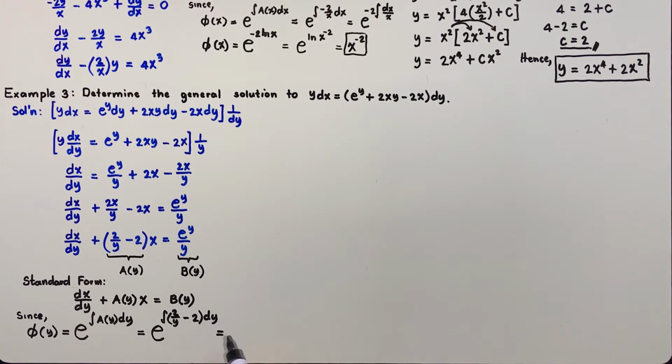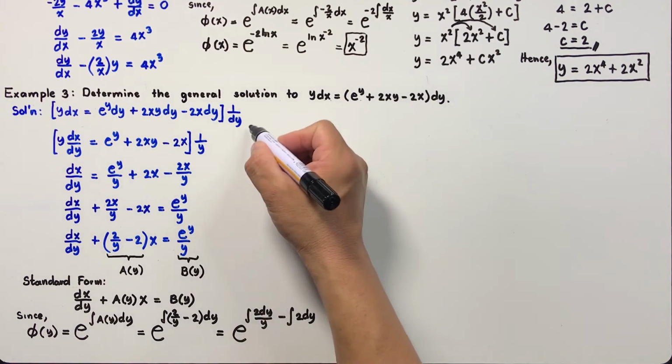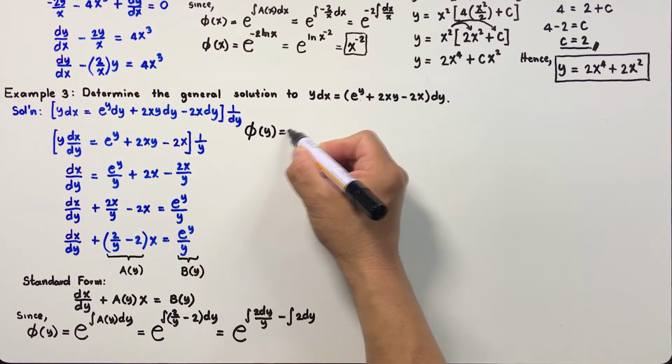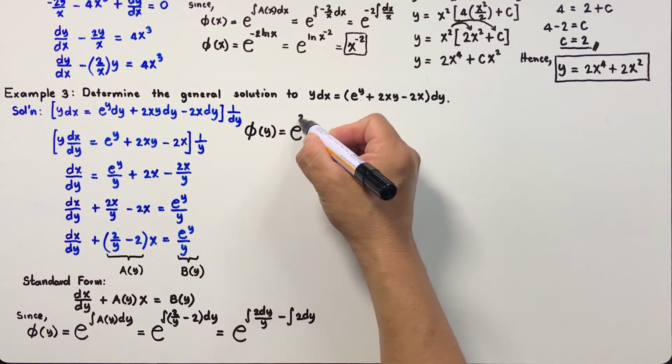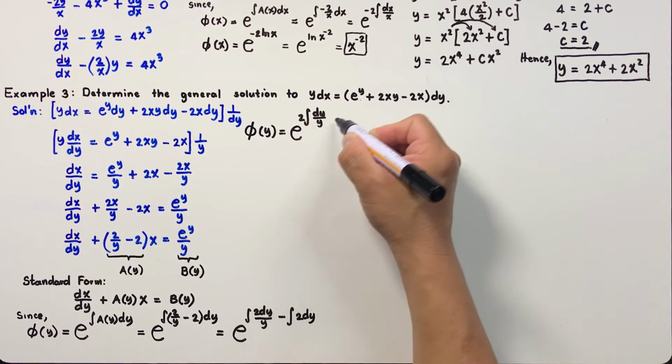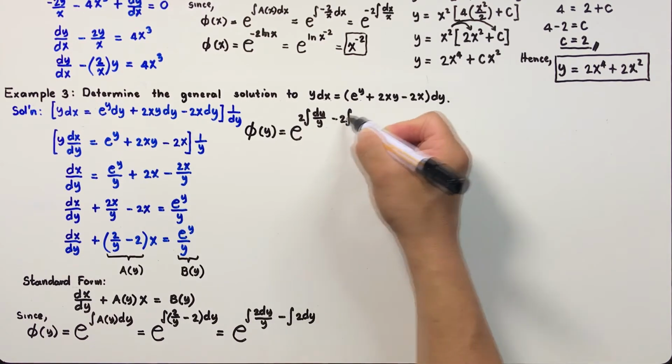We have e to the power of the integral of 2 dy over y minus the integral of 2 dy here. And factoring these constants outside the integral symbol, we have our phi of y, which is equal to e raised to the exponent of 2 times the integral of dy over y minus 2 times the integral of dy.